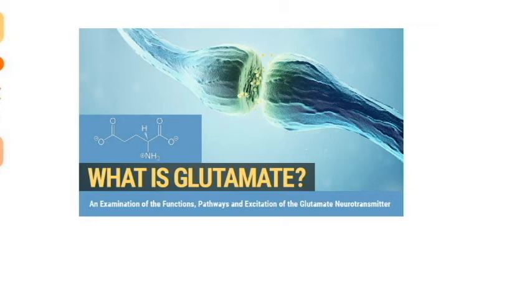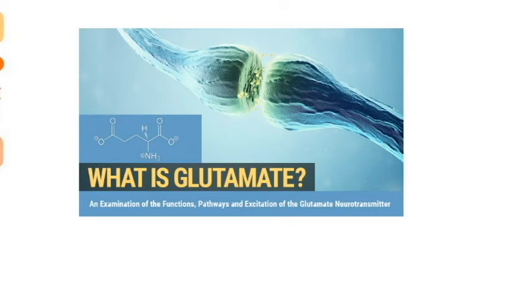Glutamate is considered to be the major mediator of excitatory signals in the mammalian central nervous system and is involved in most aspects of normal brain function, including cognition, memory, and learning.